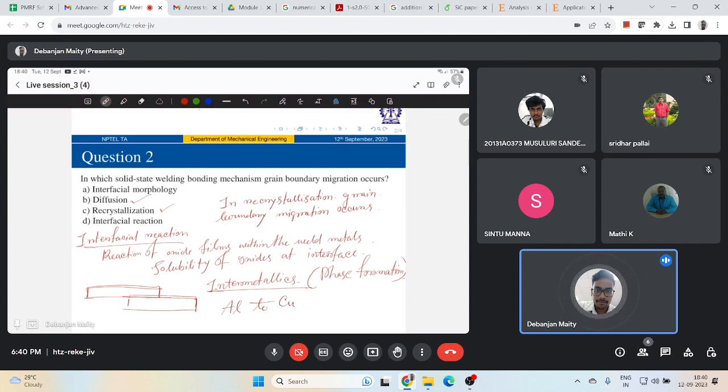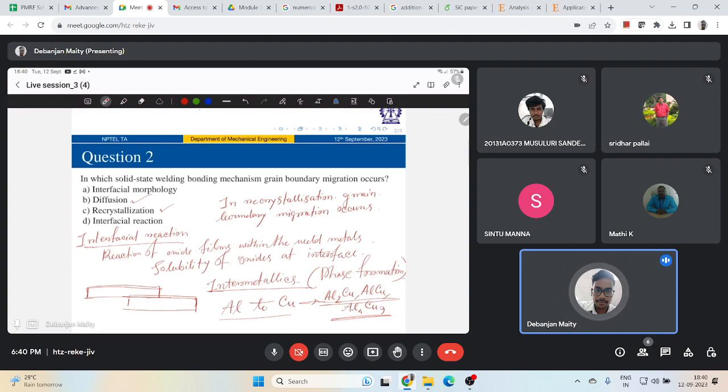If you see the phase diagram of aluminium and copper, there will be phases like Al2Cu, AlCu, Al4Cu9. Those are the phases at defined temperatures and compositions of aluminium and copper. These we call intermetallics.